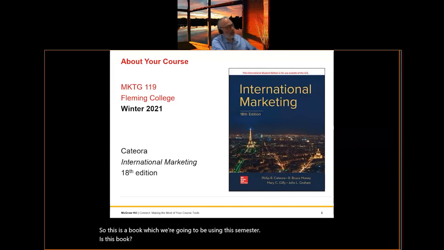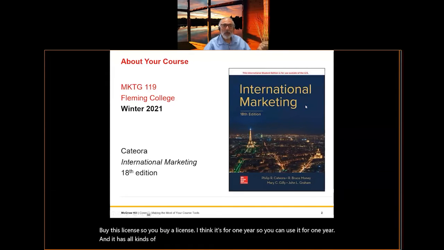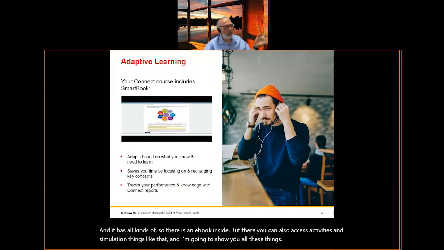But you don't have to buy the hard copy. You can just buy the soft copy, which comes with lots of activities like simulations and quizzes and things like that. And there is a presentation on D2L on how to buy this license. So you buy a license, I think it's for 1 year, so you can use it for 1 year. There is an ebook inside, but you can also access activities and simulations, things like that. And I'm going to show you all these things later.